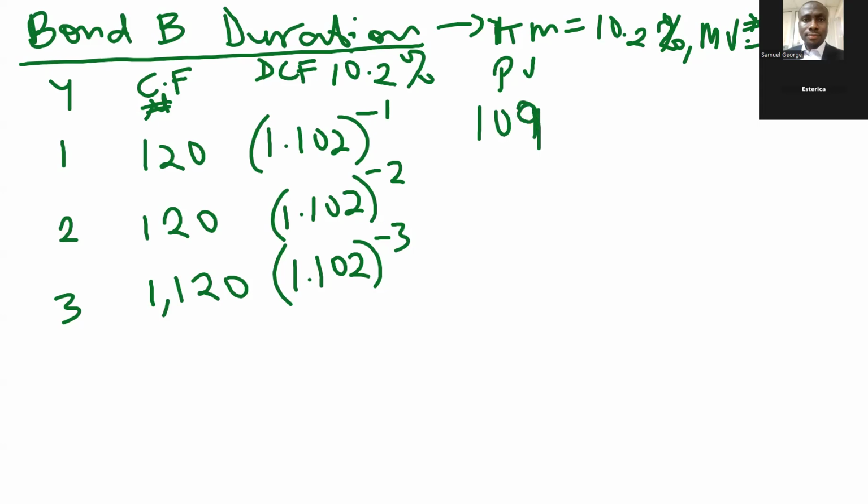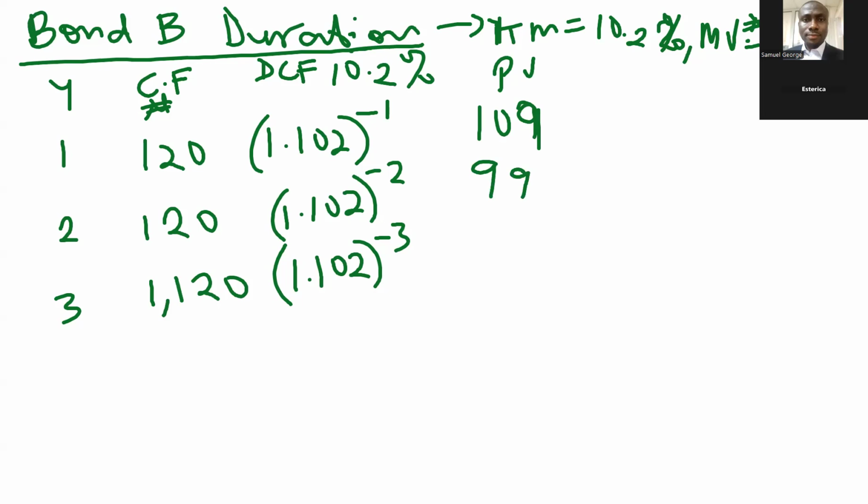Then 1.102 raised to power minus 2 times 120, so our PV would be 99 in year 2.